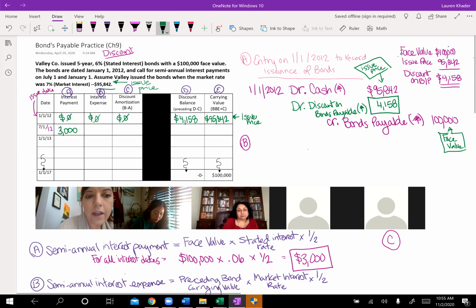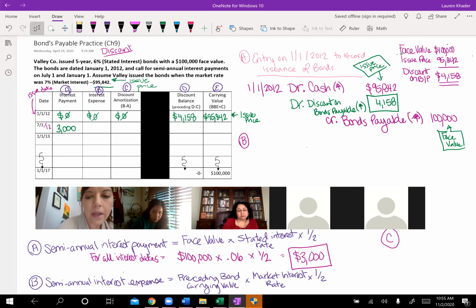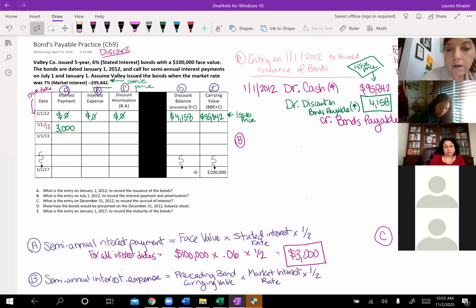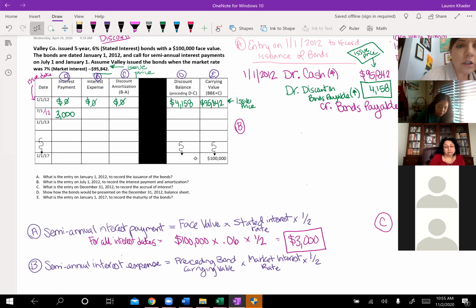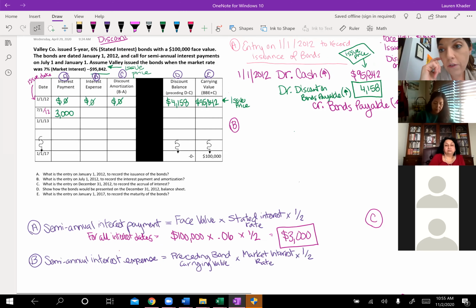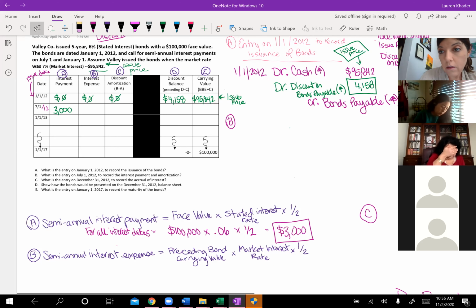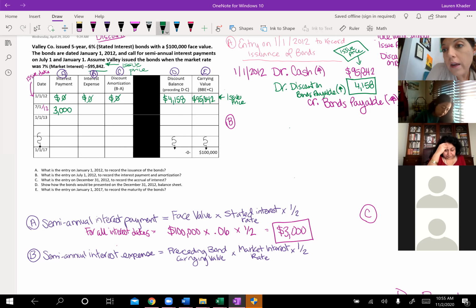Okay, now for the interest expense in column B, it's not going to be such a pretty number. Interest expense is based on the prevailing market interest rate when we issued those bonds. So the calculation is our preceding bond carrying value times our market interest rate times 1/2, because again, the bonds are paying every 6 months in interest.